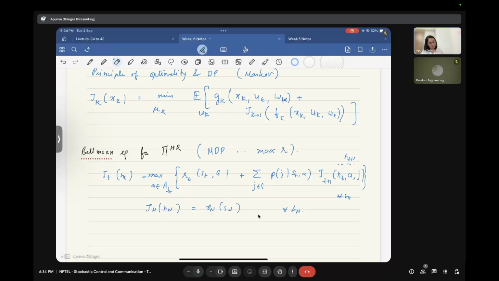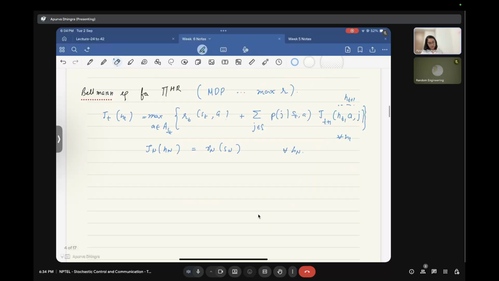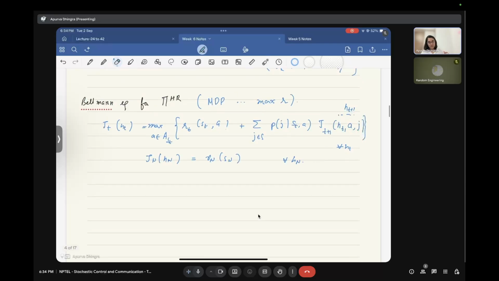This is just like a comparison right now. Now, there are a few more terms and definitions that we need to see once. But here, recall again, this is starting at time t and going all the way till state n, or sorry, time n. That is the portion that is getting optimized here.